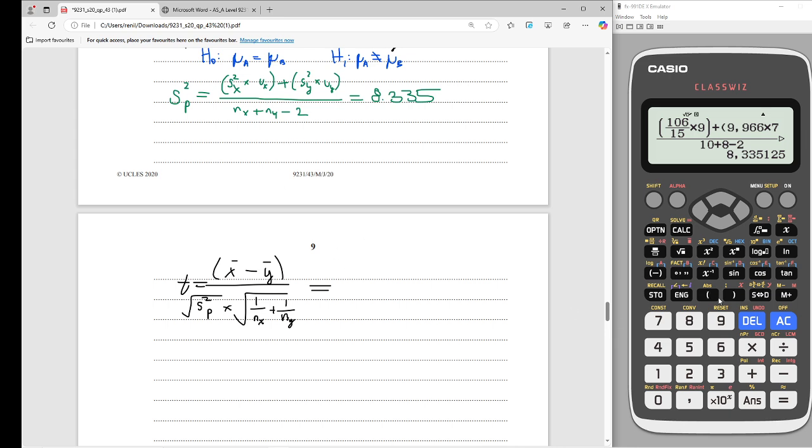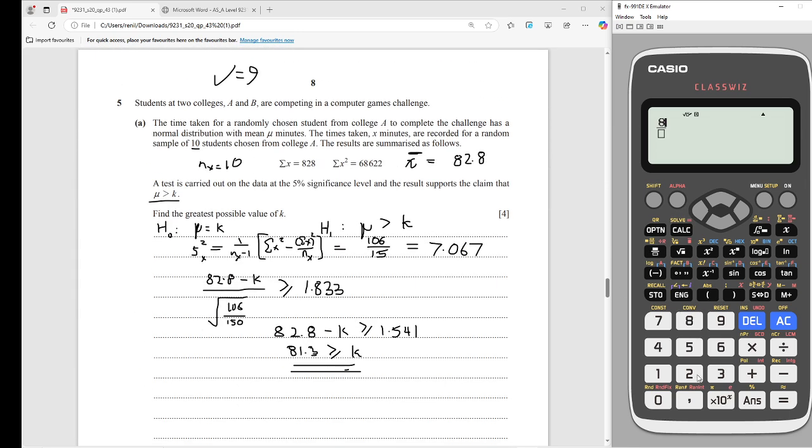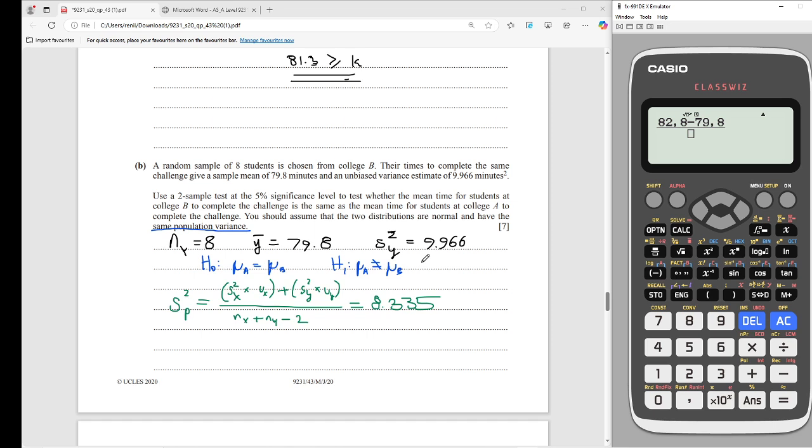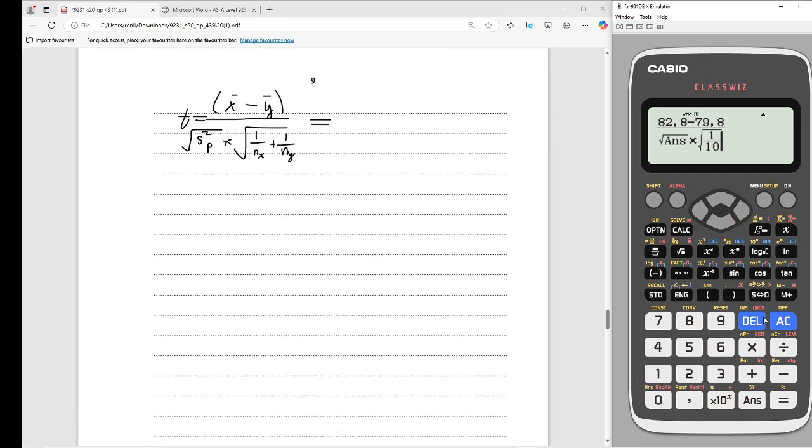All that's remaining is to plug them in. Sample mean of X was 82.8, sample mean of Y was 79.8, and our pooled estimate was 8.335. We multiply this with 1 by number of terms of X plus 1 by number of terms of Y, which is 8, and therefore we have 2.191. That is our test statistic.